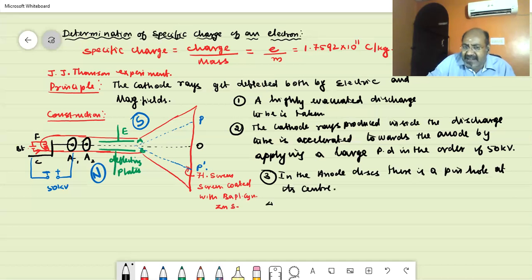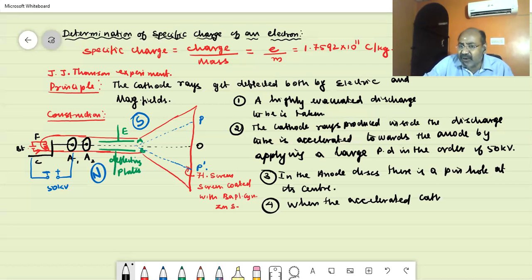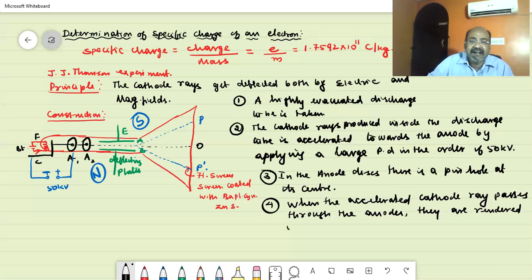Then the fourth point: when the accelerated cathode ray passes through the anodes, it is rendered as a fine or narrow beam of cathode rays.